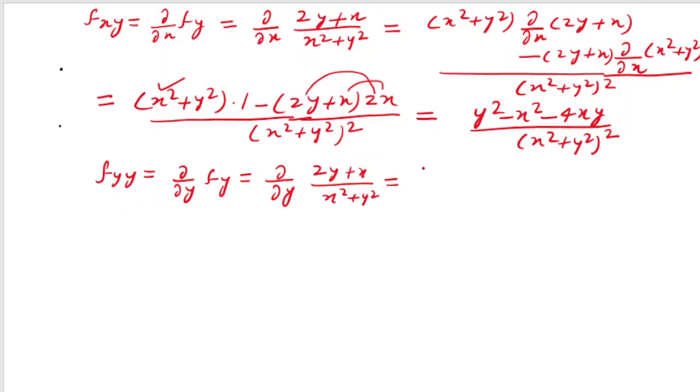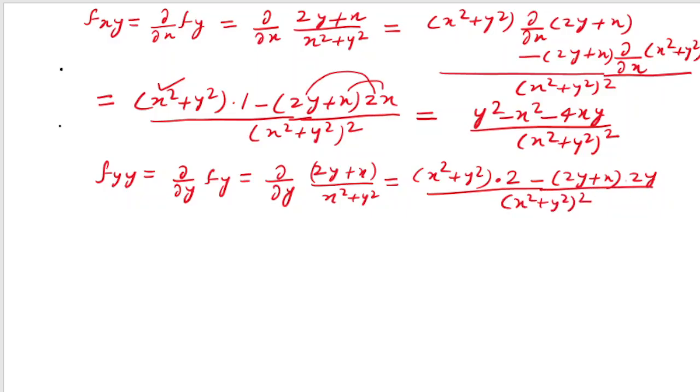So this time I am going to write it directly, x square plus y square and derivative of 2y plus x with respect to y will give me 2. Derivative of this minus 2y plus x, and derivative of x square plus y square with respect to y will give me 2y, and this whole thing is divided by x square plus y square whole square.